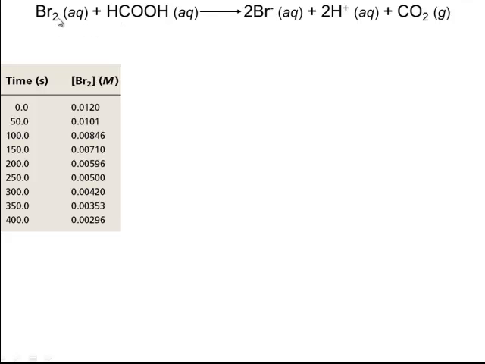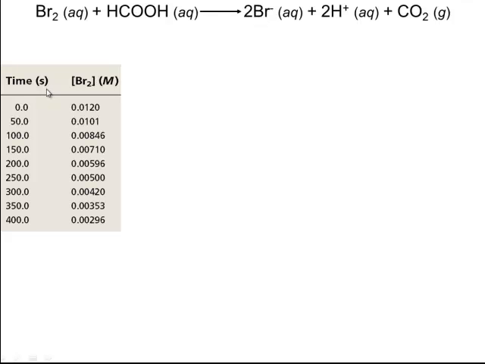In this reaction, bromine is reacting with formic acid to form bromide ions, H plus ions and carbon dioxide. So basically, formic acid is getting converted into carbon dioxide, whereas bromine molecules are getting reduced to bromide ions.